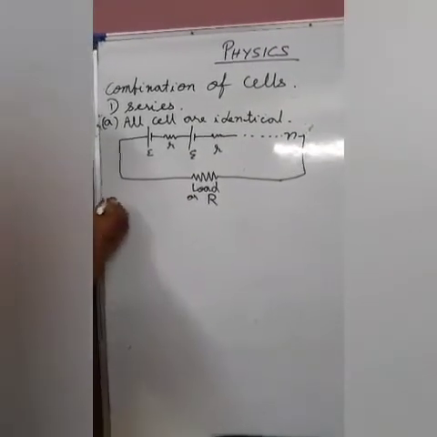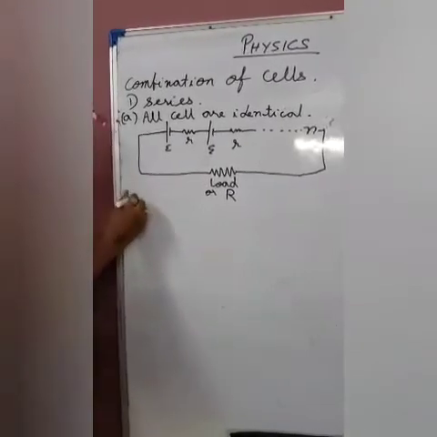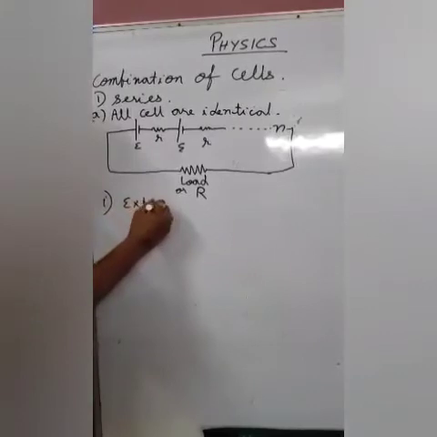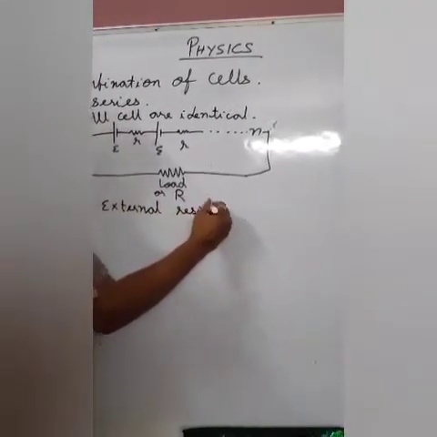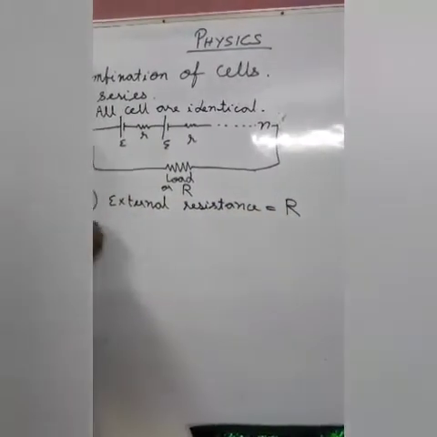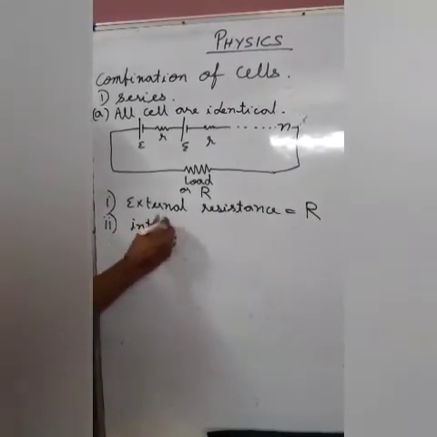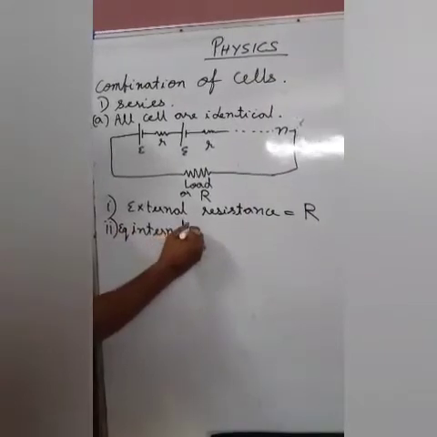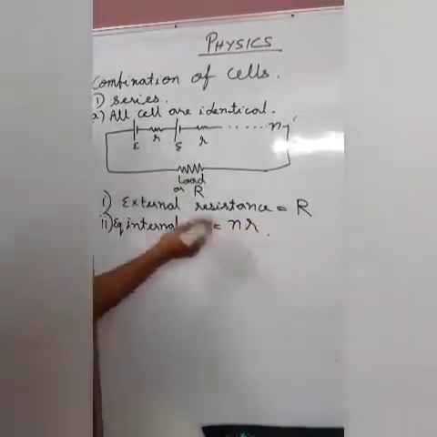So first of all, let us say that the external resistance is capital R, internal resistance, or you can write equivalent internal resistance, that would be nr, because this is series combination.